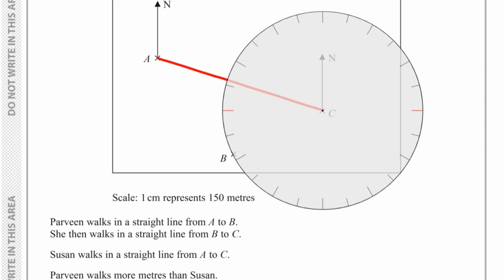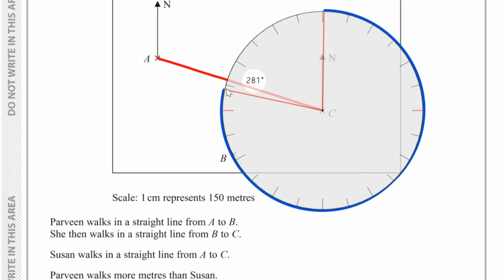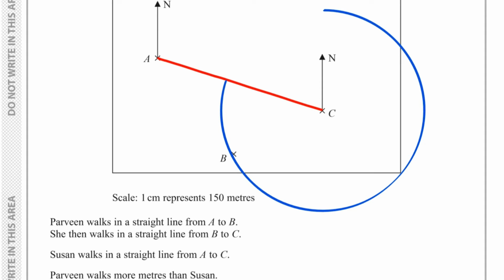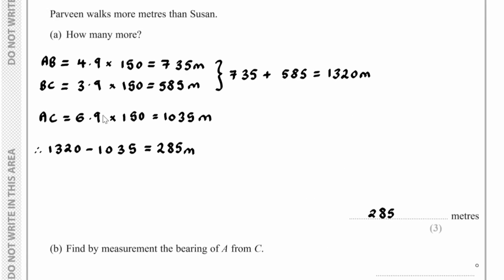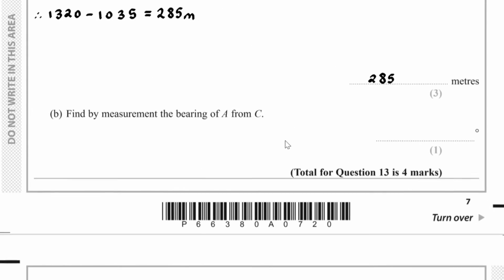And to find out the angle, we can measure along, and it turns out we get 286. So the angle that was measured is 286 degrees.